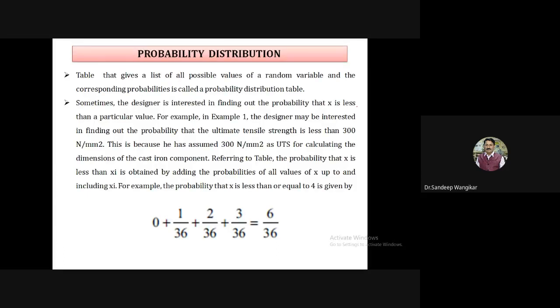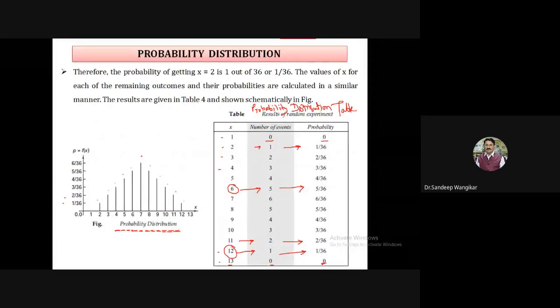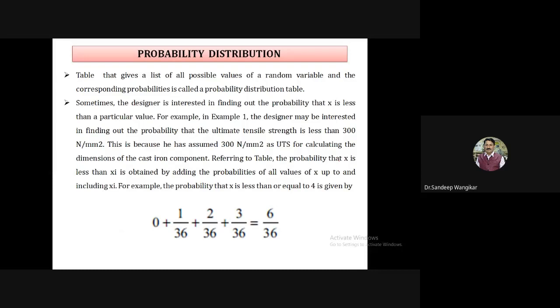Now, whatever we have mentioned in our table, the probability that x is less than 4 is given by the same example once again. What will be the probability that x is less than 4? I have highlighted it here. The probability will be 0 plus 1 by 36 plus 2 by 36 plus 3 by 36. Just adding these, I get the probability that x is less than or equal to 4.